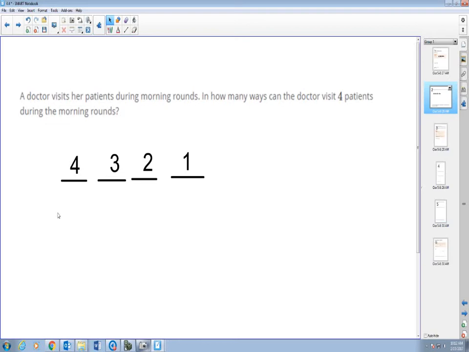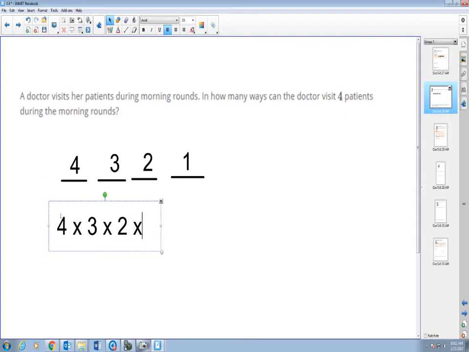So this problem becomes 4 times 3 times 2 times 1, which is the same thing as 4 factorial. Factorial is another way we can count.